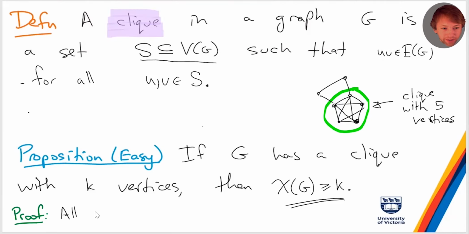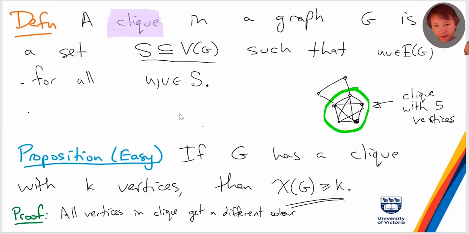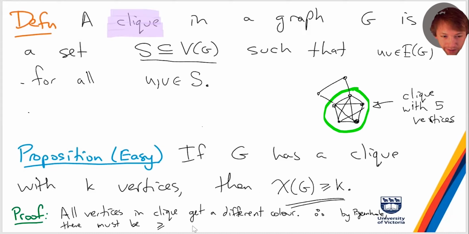All vertices in the clique get a different color, because if they didn't, by definition of a clique, if u and v are in the clique and they get the same color, then there's an edge from u to v, but that would contradict the fact that it's a proper coloring. So therefore, by pigeonhole, if you want to think of it that way, there must be at least k different colors.